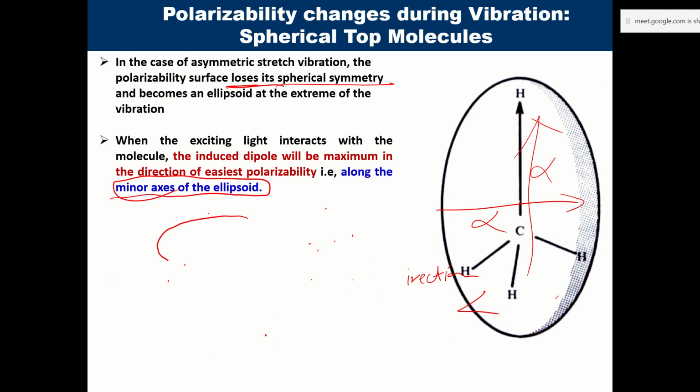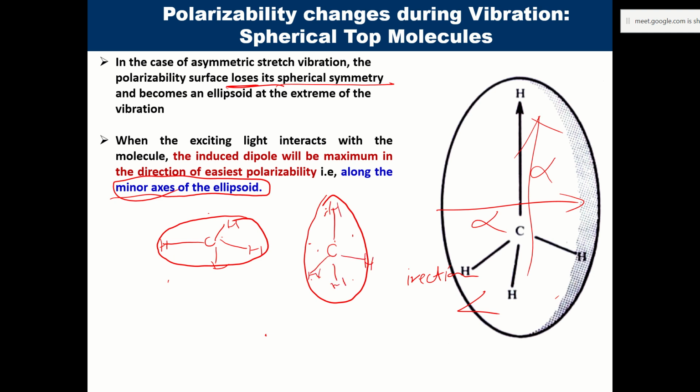If you have a large container, one will be like this, another like that, another here. In a container you have a large number of molecules and you are not sure in which direction they are oriented. The direction of easiest polarizability is different for different molecules within the same vessel.